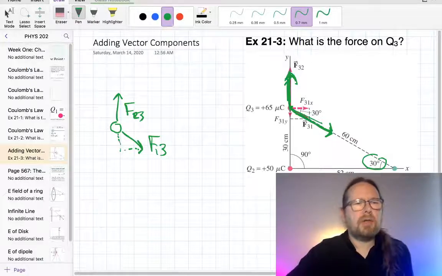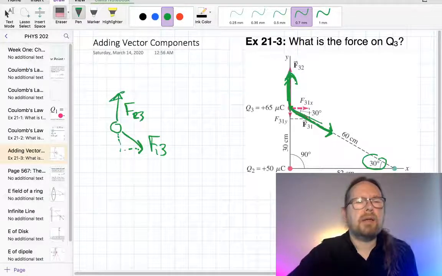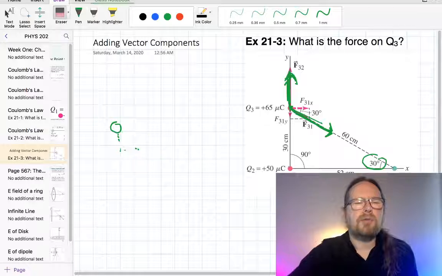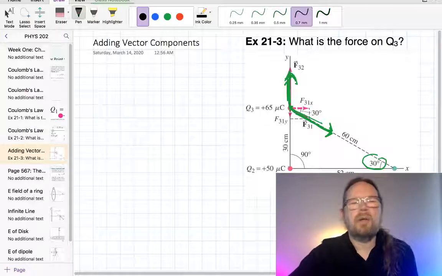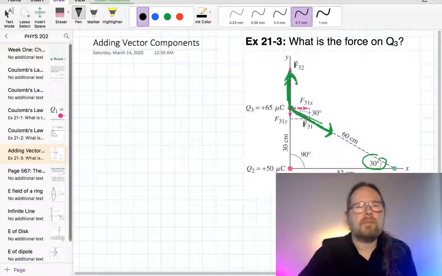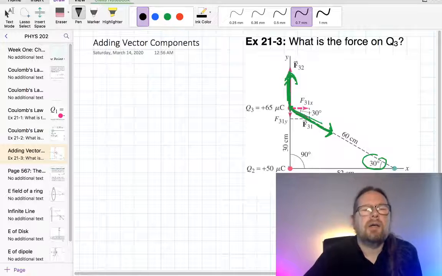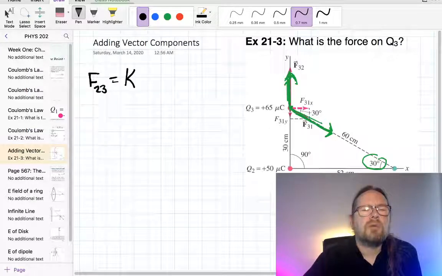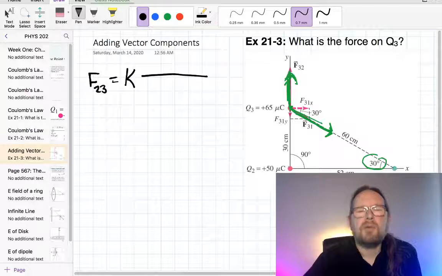So if we look at the situation, we can calculate these two forces individually. We can keep track of the direction of the vectors ourselves. We don't have to worry about the signs of the charges. We can just explicitly note the direction of those vectors. So the force between charge 2 and 3 is going to be equal to Coulomb's constant, or 1 over 4 pi epsilon naught, times the product of the two charges.